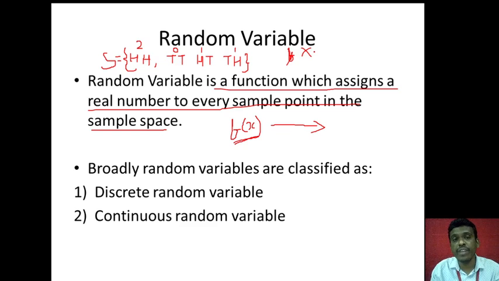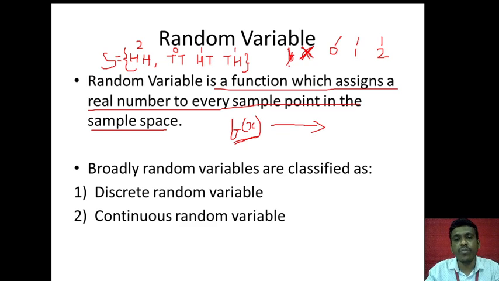What is the minimum number of heads? 0 heads. And the other possibility is 1. So there are only 3 outcomes possible. So if x represents the number of heads that will show up when you toss two coins simultaneously, then the values that it can take are 0, 1 and 2, right? So 0 heads coming up, 1 head coming up and 2 heads coming up. So in any experiment when you toss two coins simultaneously, the number of heads that may show up will vary from 0, 1 or 2.